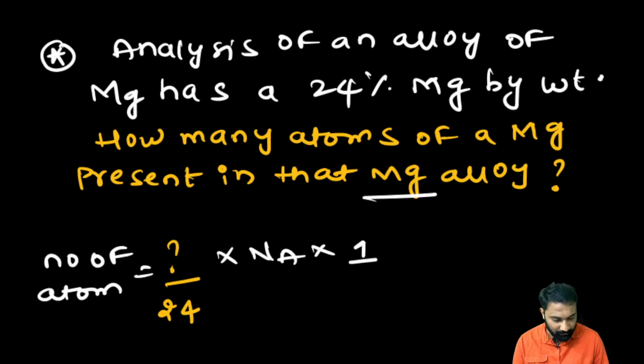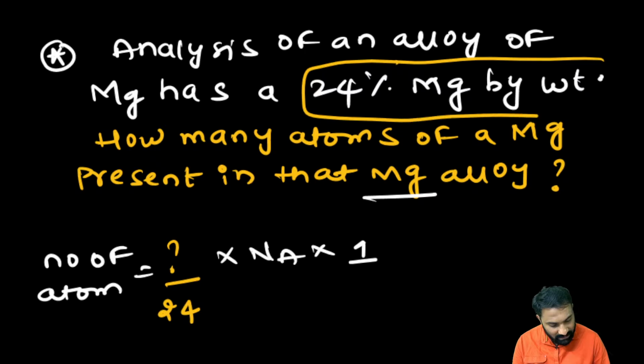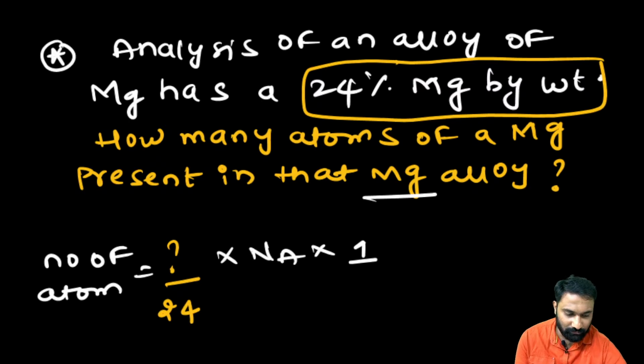You need weight, but instead here they have given 24 percentage by weight. If you solve this 24 percentage you will get the answer. Nothing tricky they have given in the concept.